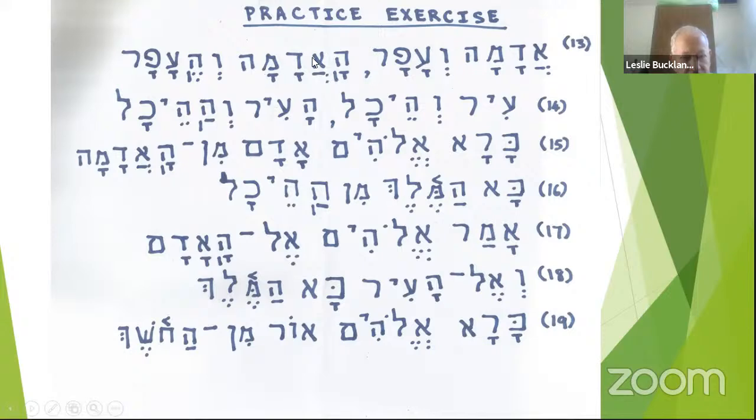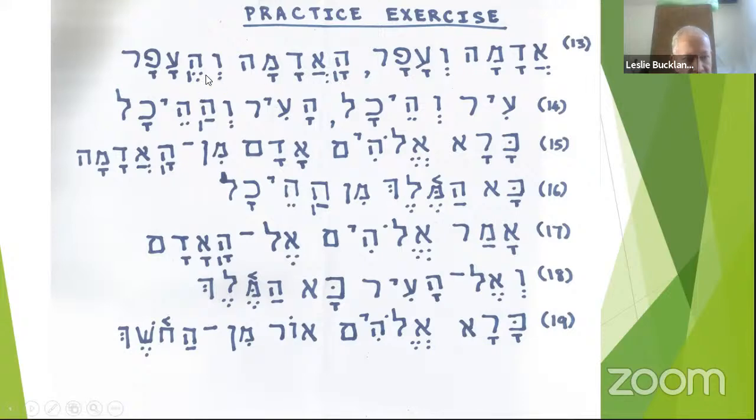And notice that this is the first letter of the noun, adama. This is a weak guttural, so the vowel underneath the definite article, the consonant he, has to be lengthened from pathach to kamatz. Ha-adama.